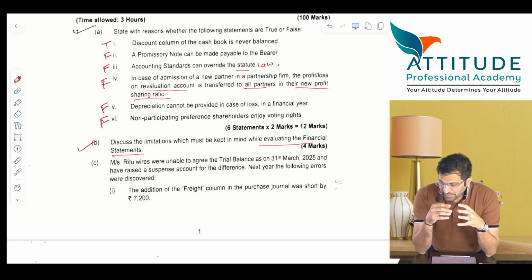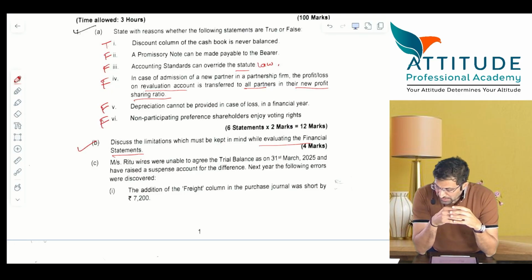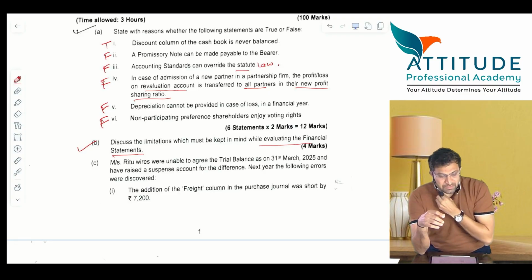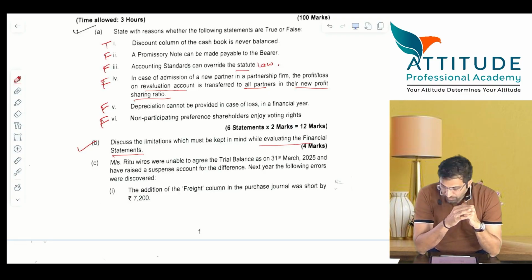Yes. Next limitation, there are certain occasions when accounting principles conflict with each other.